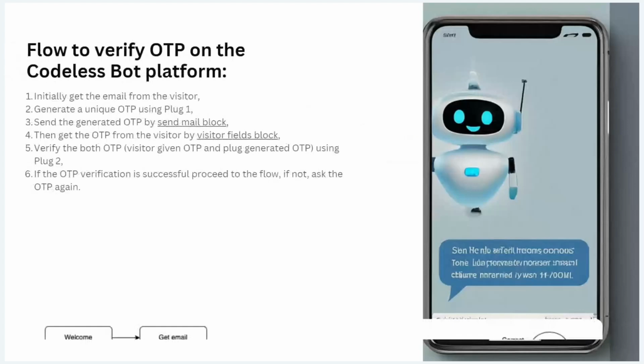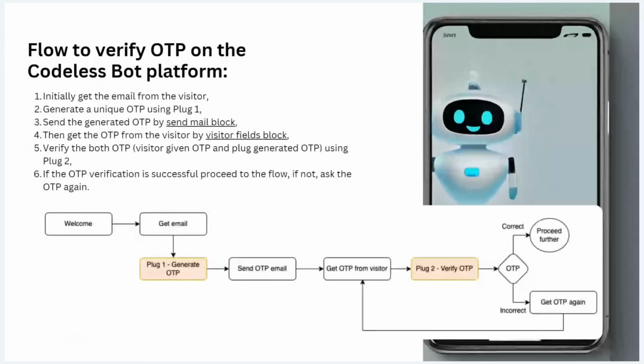So this is the basic flow of the OTP verification. First, we get the mail from the user, and from the first plugin, we generate a random OTP of 4 digits. Then we send that OTP through mail to the user, and after that, we get the OTP from the user.